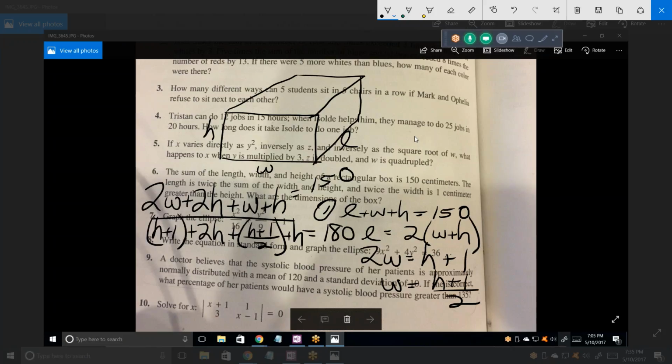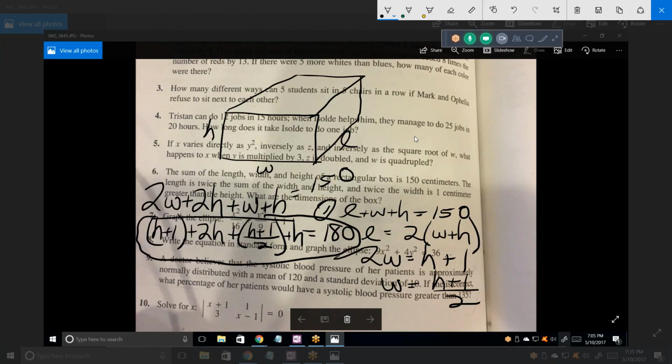Now notice that I got one equation and only one variable. I can solve for H really easily. Let's solve for H, and then we'll go back and solve for W using this equation.